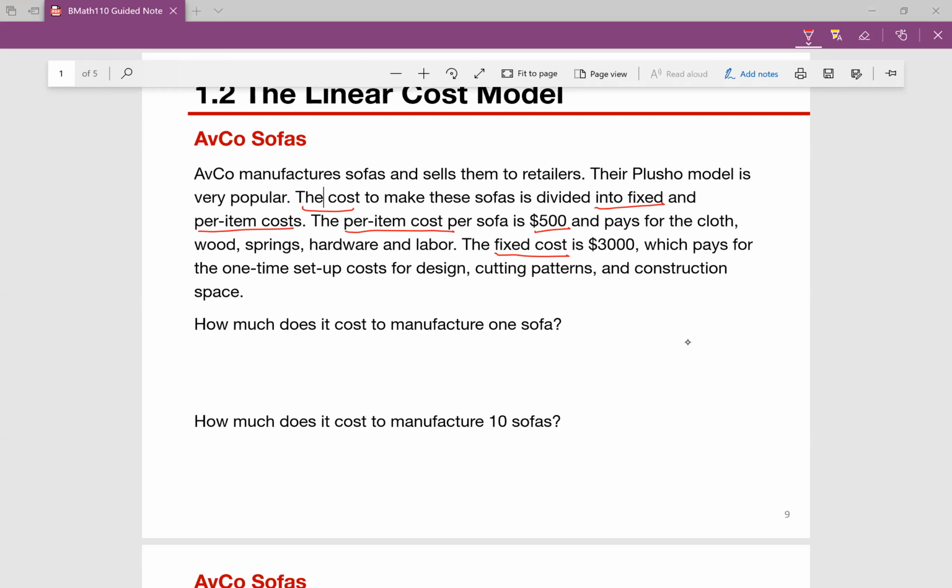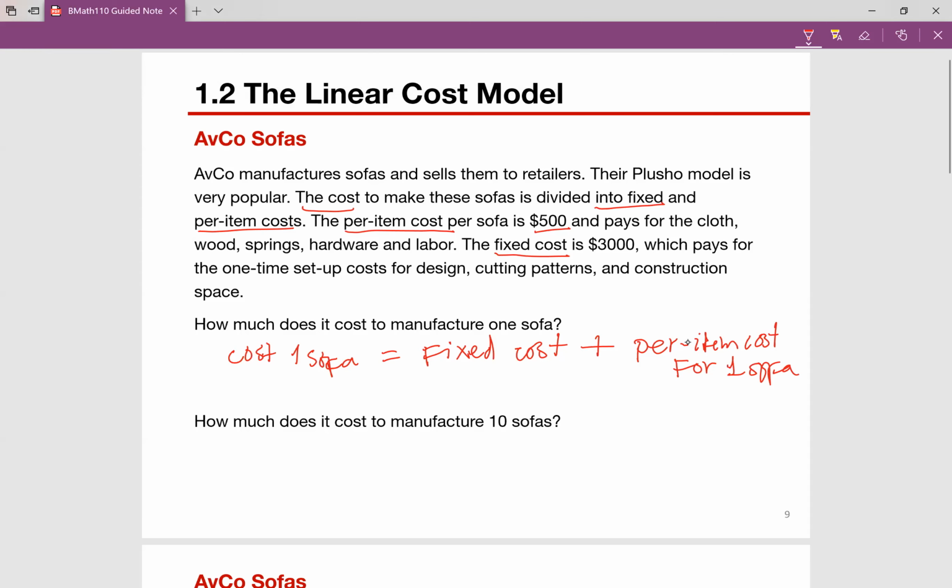So you should know that in order to get one sofa, the cost for one sofa will be equal to fixed cost, and then plus the per item cost for one sofa.